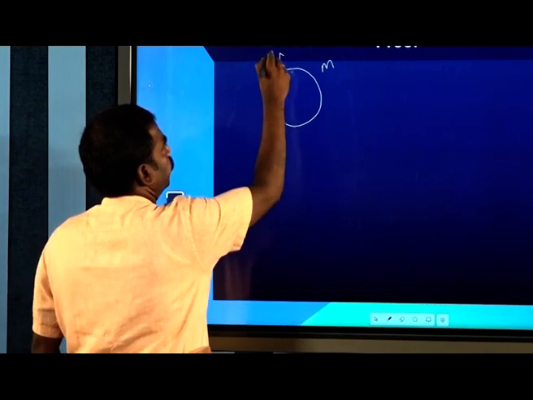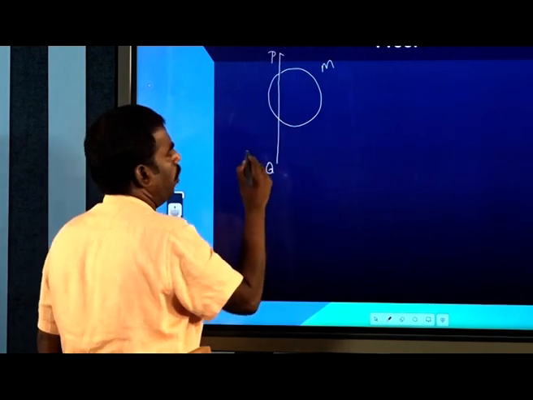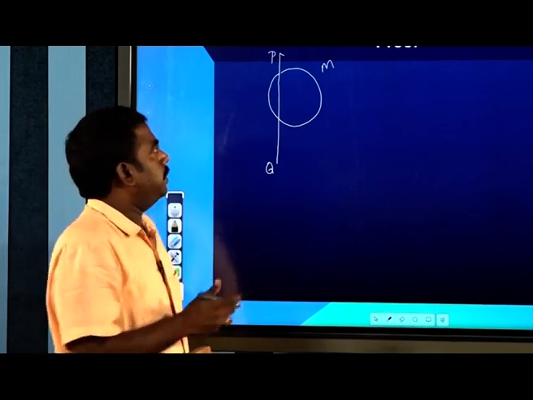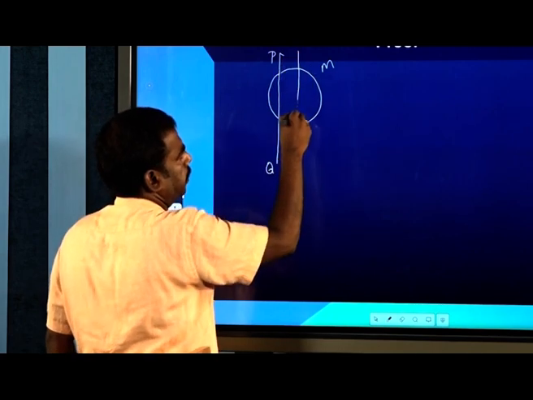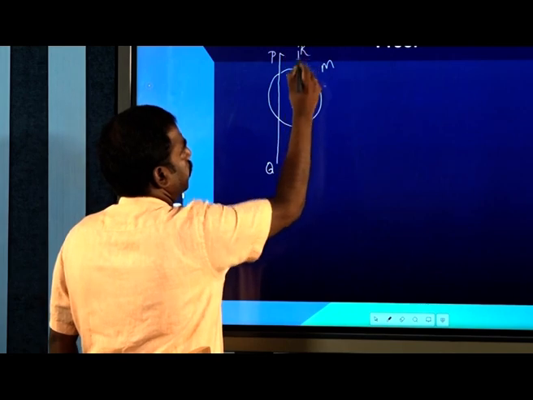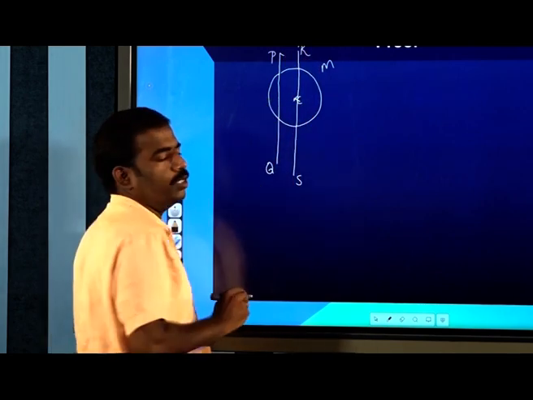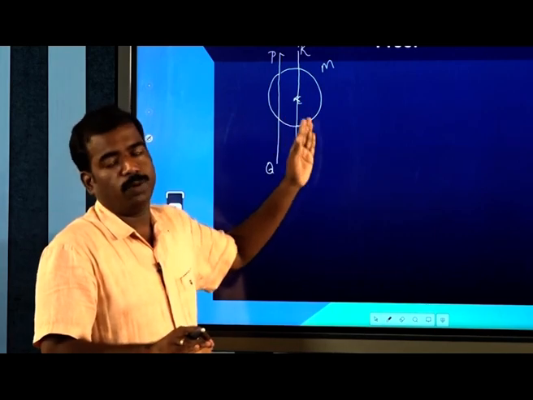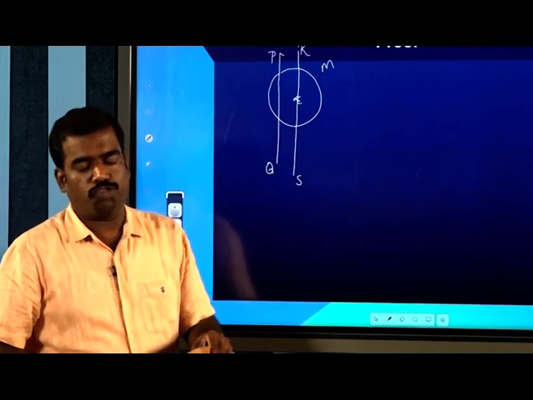There is another axis RS which passes through the center of mass, and we know the moment of inertia of the same body about the axis which passes through the center of mass.